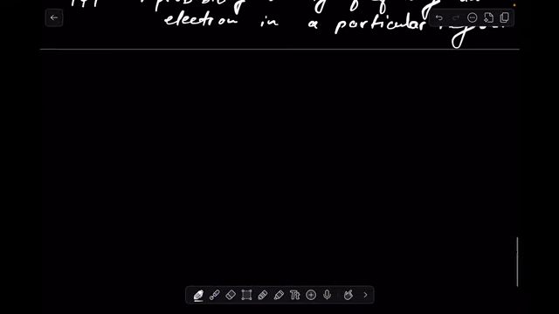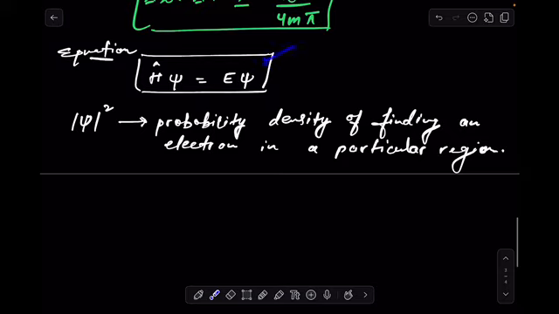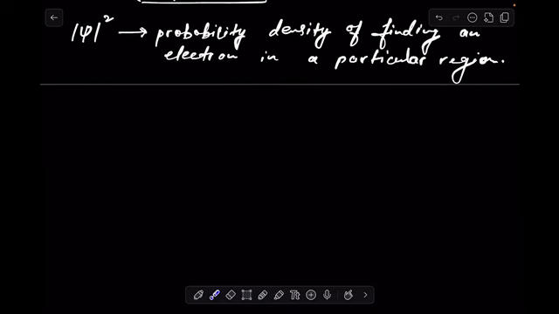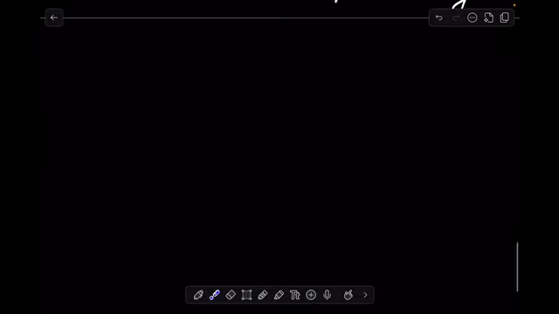So basically using this equation, we are going to find some specific values. A few of those values are of significance, and those values which we get as a solution of this equation are combinedly called quantum numbers. Quantum numbers are basically what?